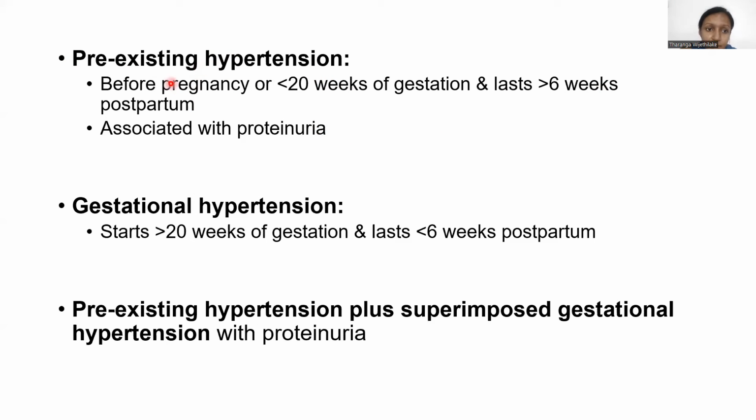Although it's pre-existing hypertension, it can still cause maternal and fetal adverse outcomes. Gestational hypertension, by definition, starts after 20 weeks of gestation and lasts less than 6 weeks postpartum. Then you have the mixed group. You have the pre-existing hypertension plus superimposed gestational hypertension with proteinuria.